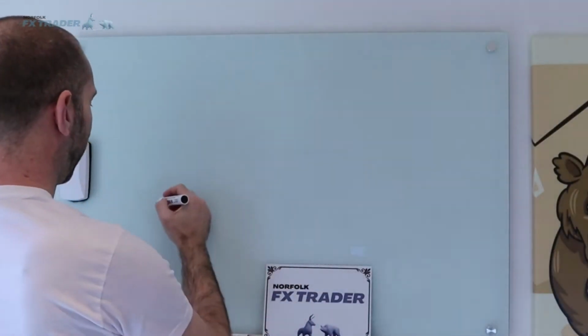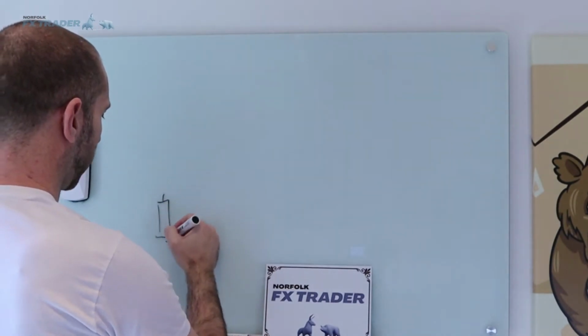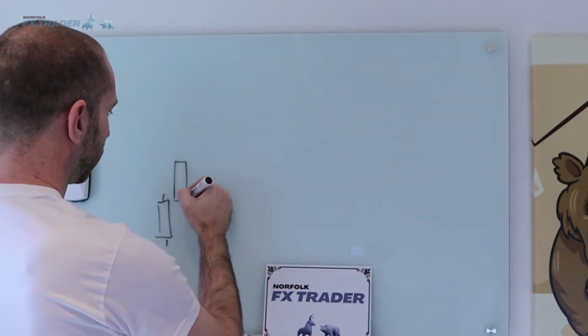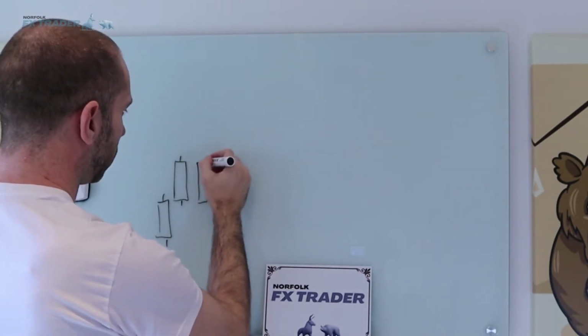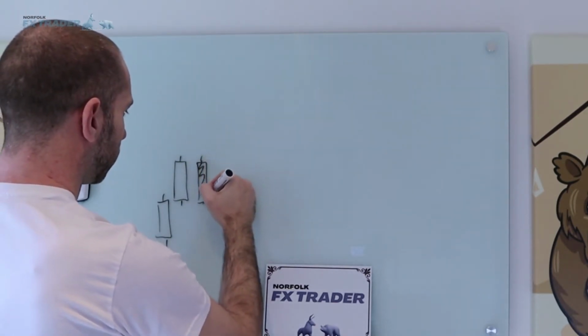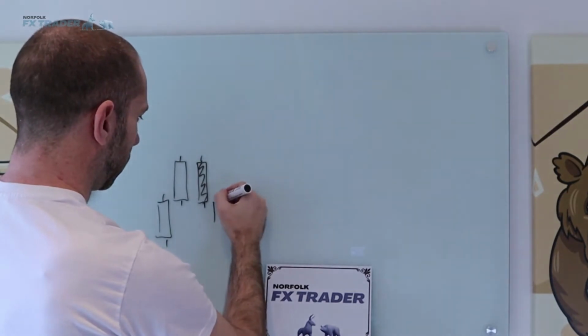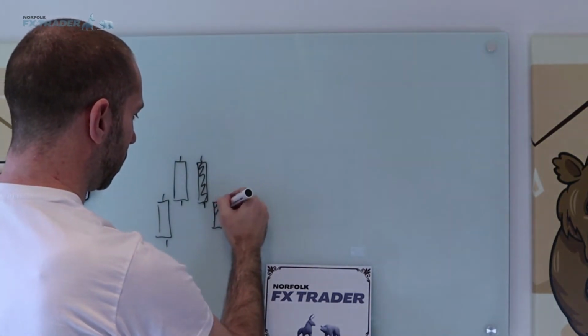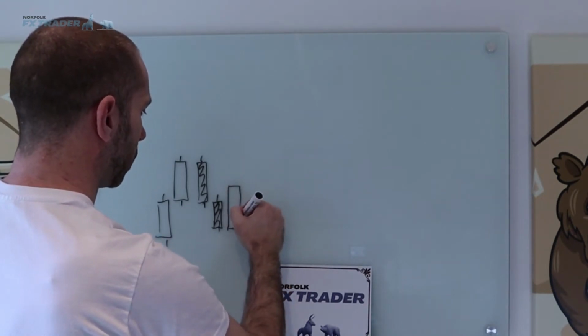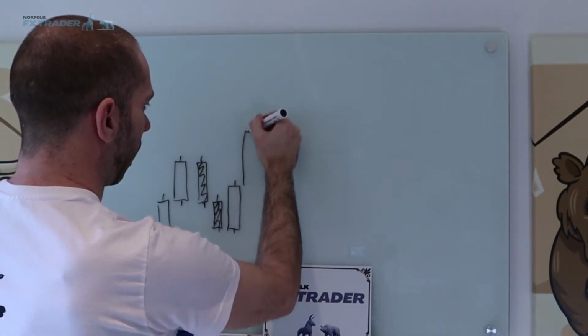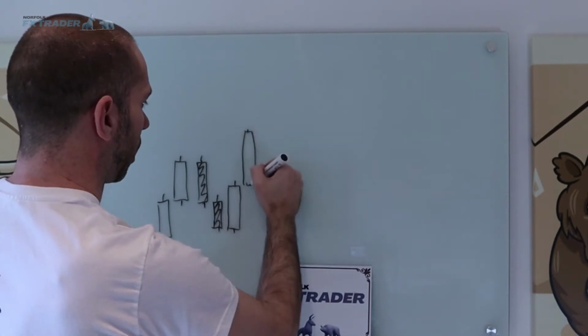If we are in a bullish market and we see the market drop back down, then we're looking for the market to rally back out. This is where our high or low is in an uptrending market.